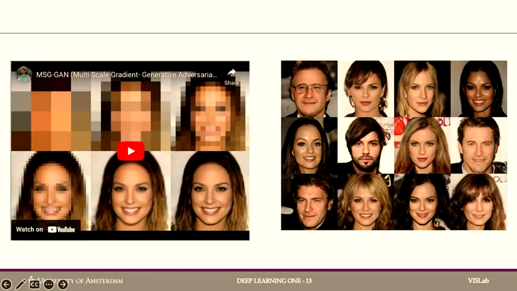How are there multiple different scales? This is just a method that we haven't talked about yet, and we will not be talking about today. The main idea is pretty simple. Instead of just generating an image at one scale, you generate it at multiple scales. The idea, I think, is mainly that at the lower scales, it's very easy to generate realistic looking images. You just need the skin colors essentially in the middle.